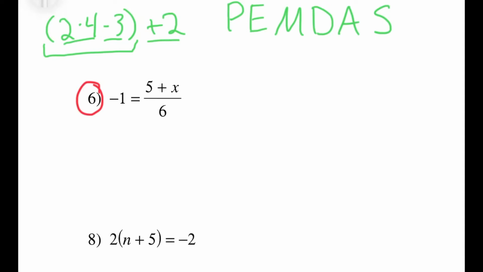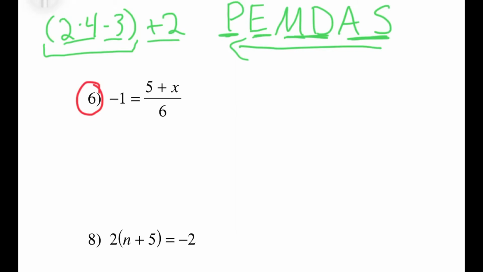On number 6, or any of these two-step equations, we're actually going to do the opposite order. So we're going to start with our addition and subtraction, then our multiplication or division, our exponents, and then our parentheses or our grouping.